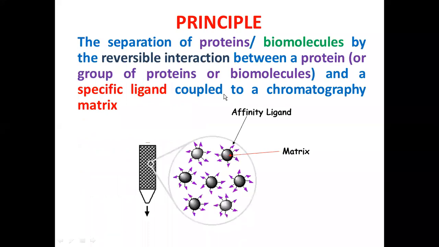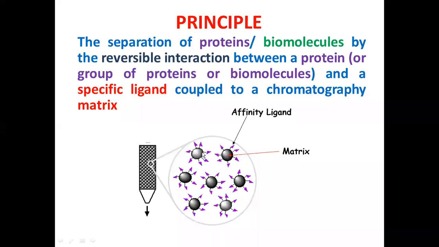First, look briefly at the principle of the affinity chromatographic technique. As I told you, affinity chromatography is a column chromatographic technique. A column contains a separation medium. Seldom will we call this separation medium a stationary phase; more commonly, the medium which is used for the separation is called the matrix.